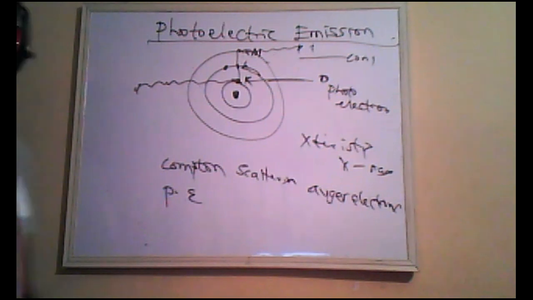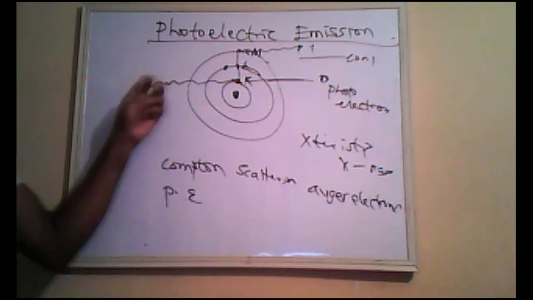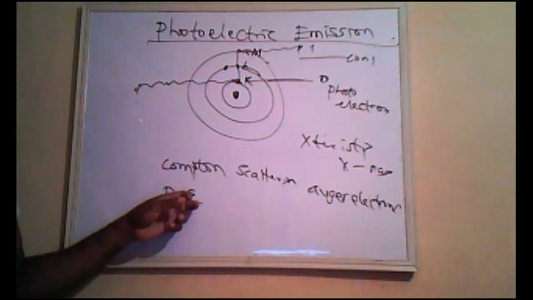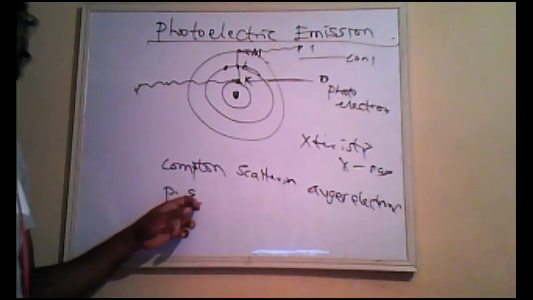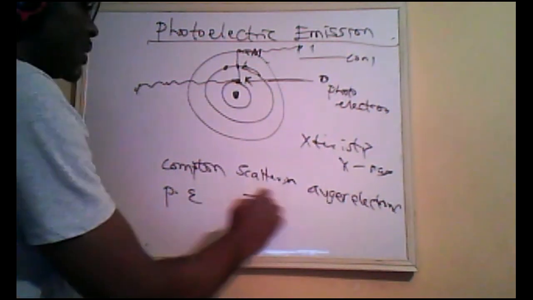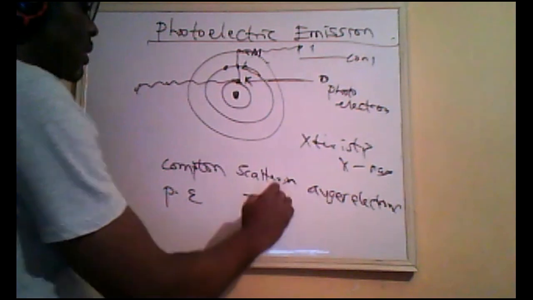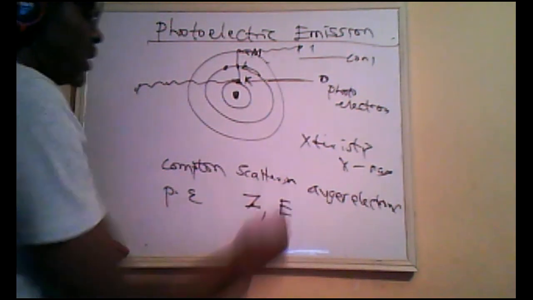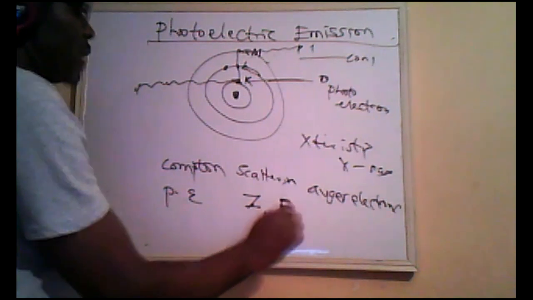And again, the probability of photoelectric emission occurring depends on so many factors, both on Z of the material, the atomic number, and the photon energy, among other things.